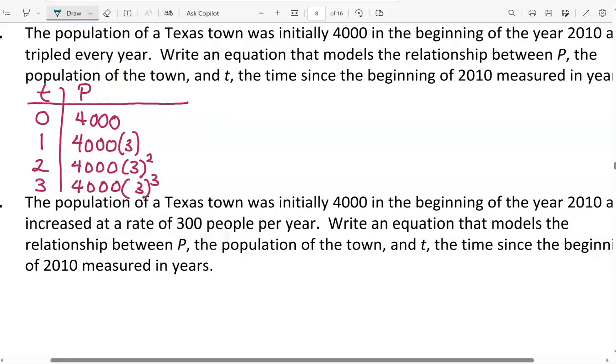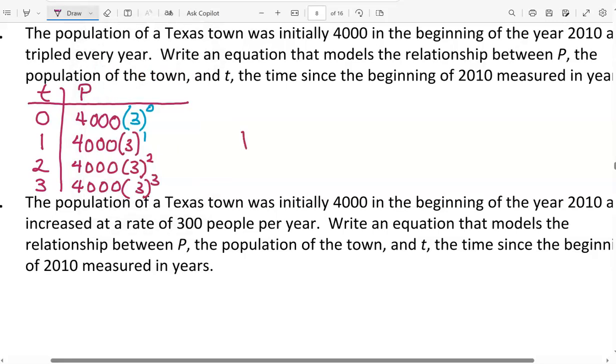I'm going to go back and insert some other values here. If we look at year 1, t equals 1, 3 is raised to the first power. And in year 0, 3 is really being raised to the 0 power, since 3 to the 0 is equal to 1. That's enough to get a pattern.